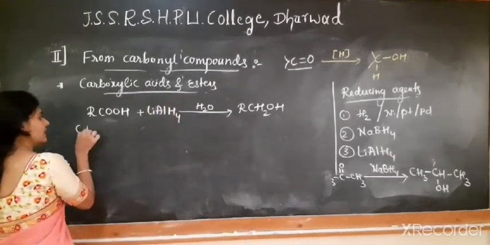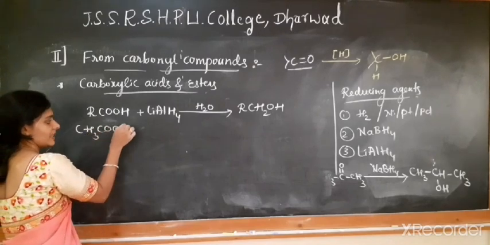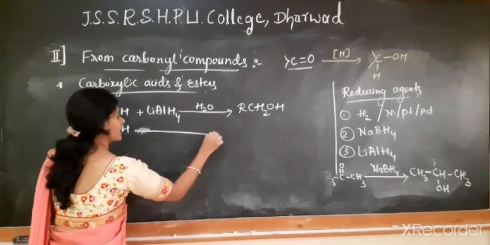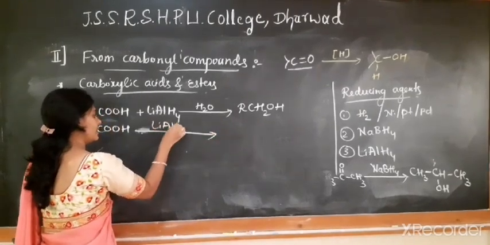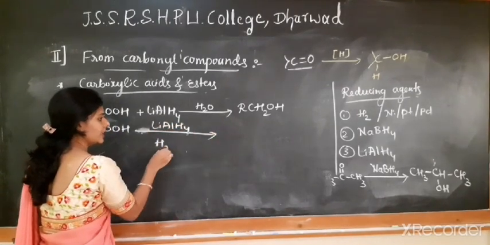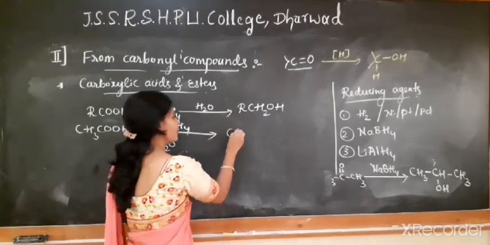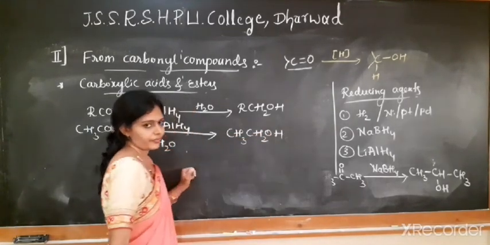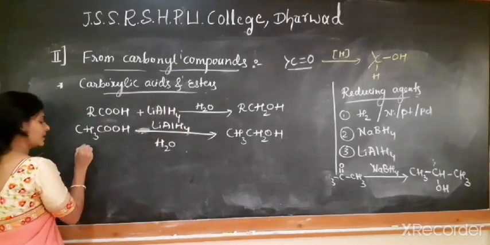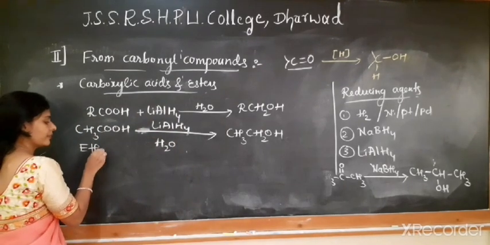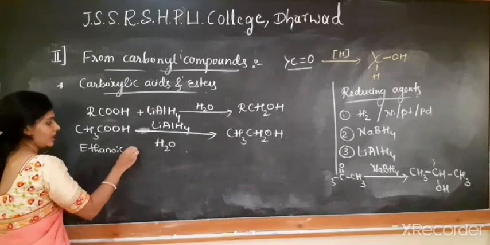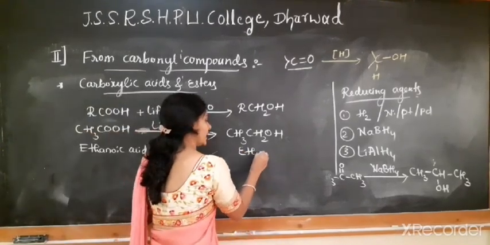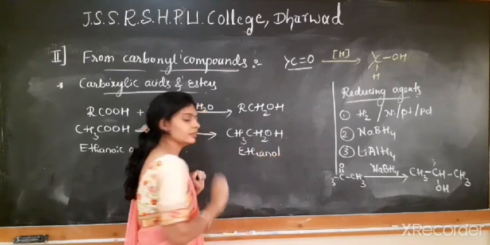If I consider an example of acetic acid, CH3COOH, when it is treated with lithium aluminium hydride followed by hydrolysis, it results in the formation of CH3CH2OH. So this is ethanoic acid, and on reduction we get ethanol.